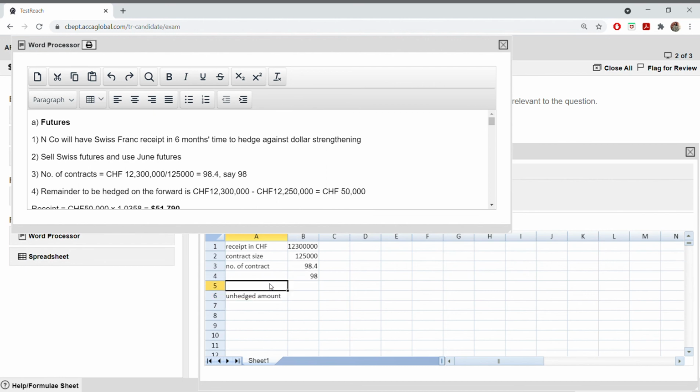Before you find the unhedged amount, you have to put the equal sign. If you don't put the equal sign, you cannot write any formula. So this multiply by this. Once you find this, equal to, you deduct this minus this.